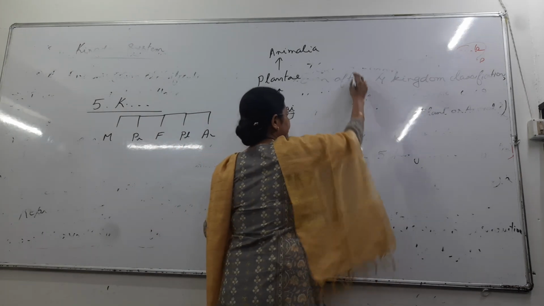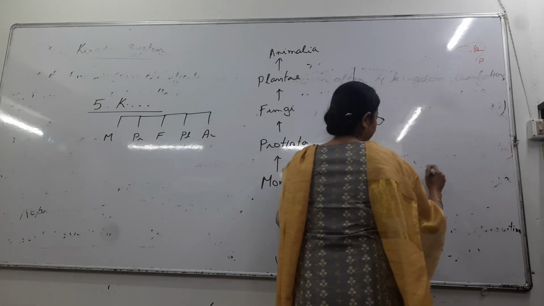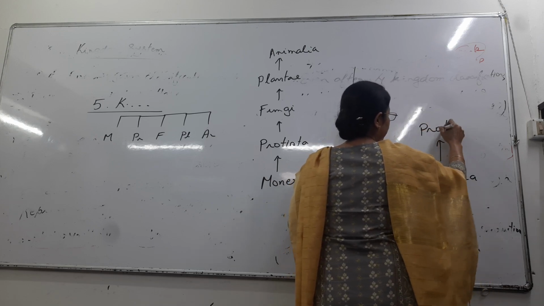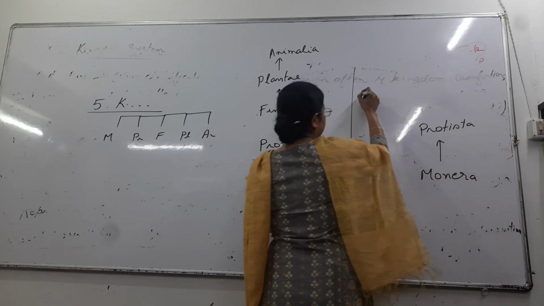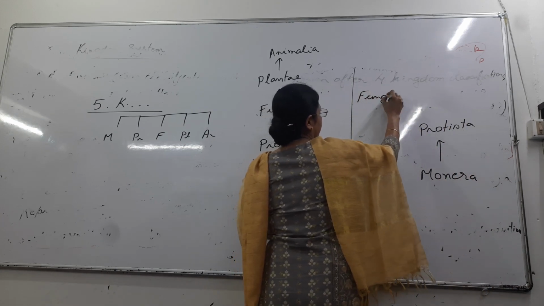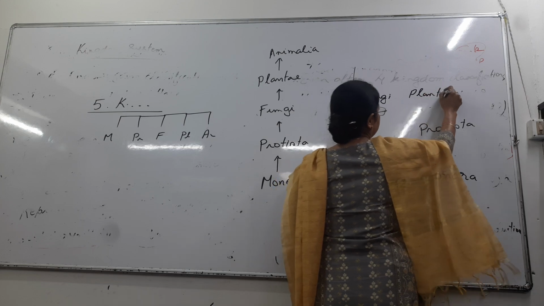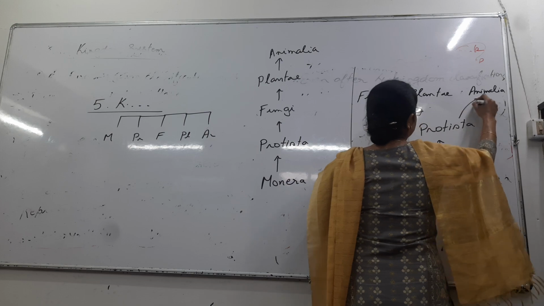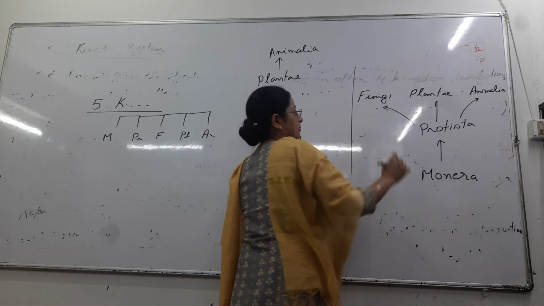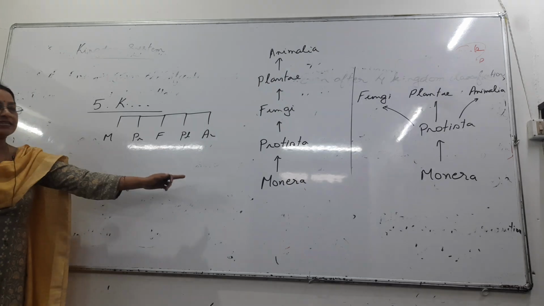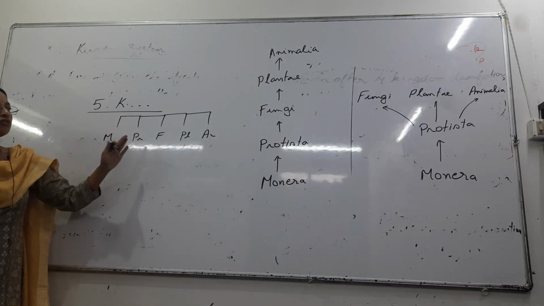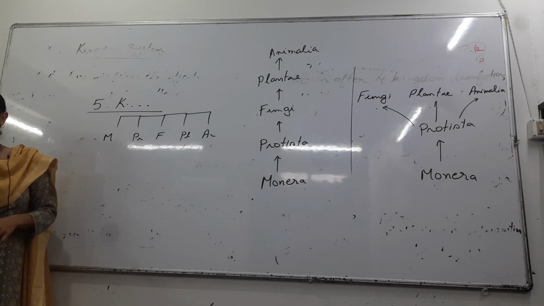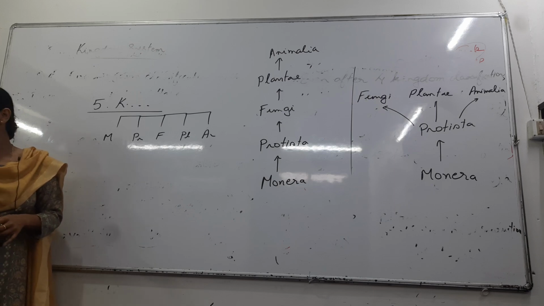Two diagrams. Here there are 5 kingdoms, there also there are 5 kingdoms, right? We are talking about evolution, so what do you think, which diagram or which chart is correct from evolution point of view?